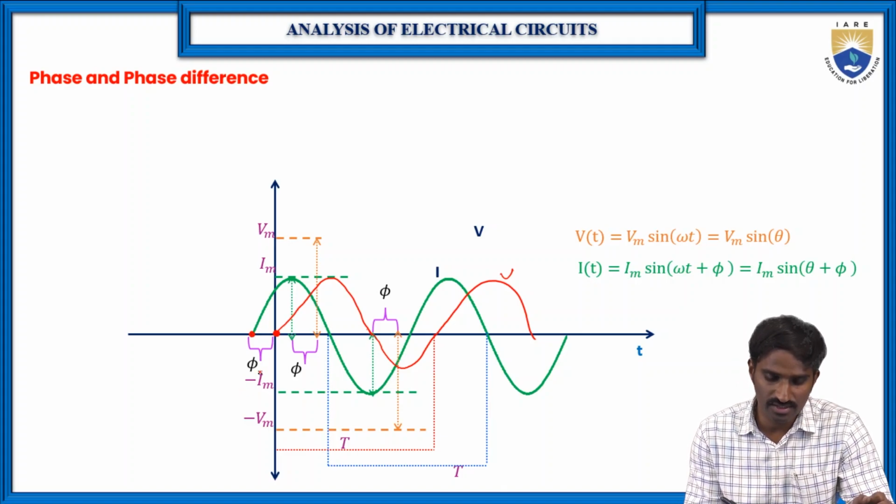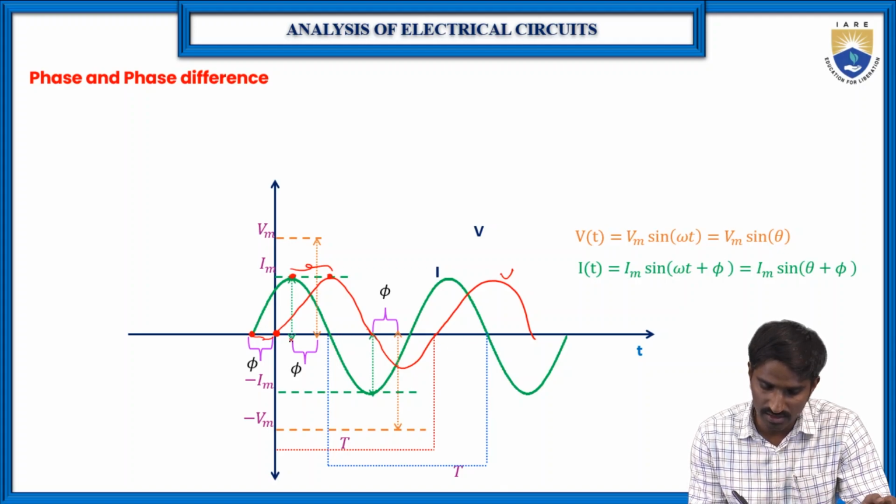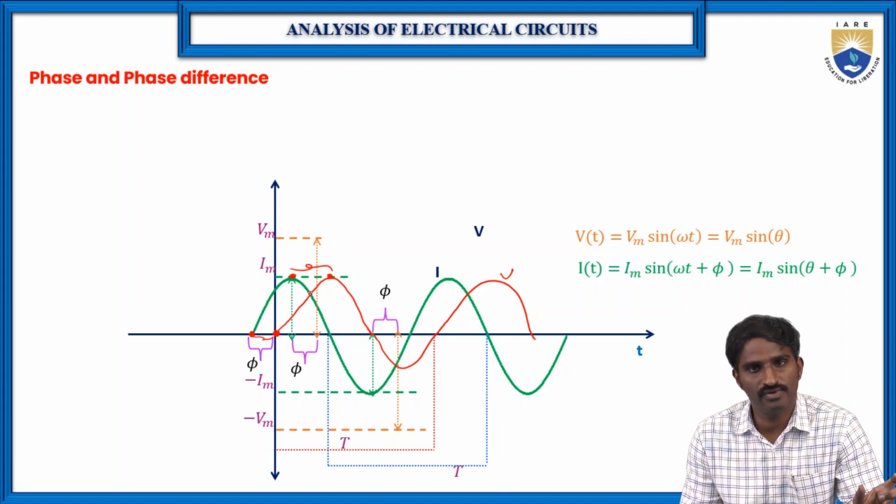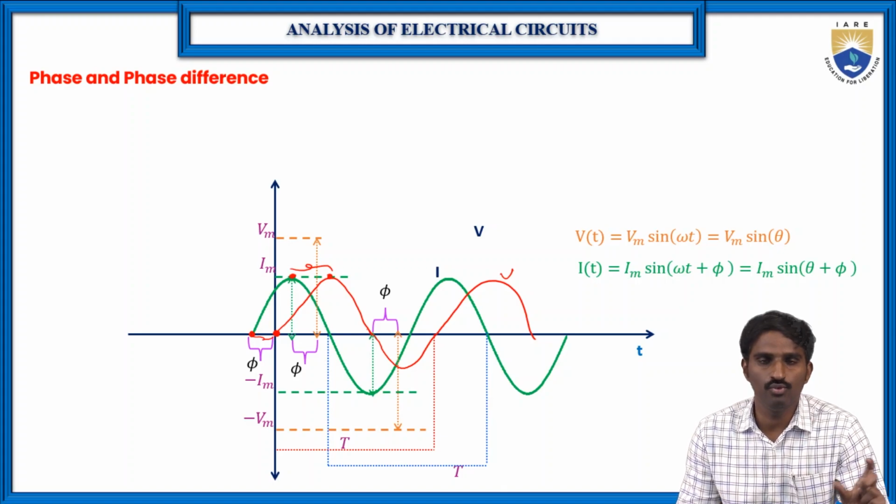This phase difference can be calculated either as the difference between these 2 points, I mean the difference between the two peak points, or the difference between these 2 points also, after this. In these two ways you can find the phase difference between the two quantities.